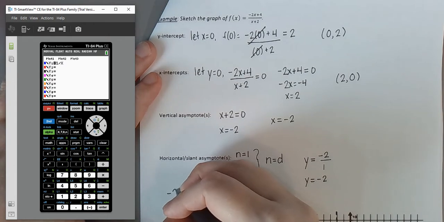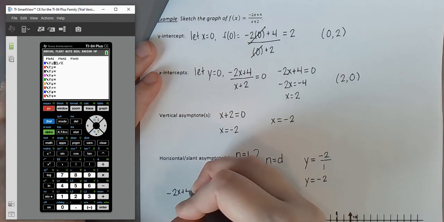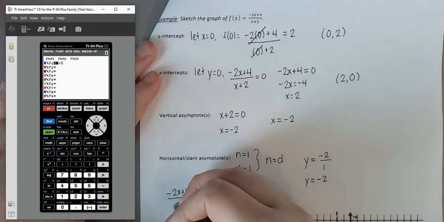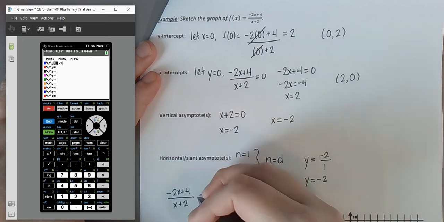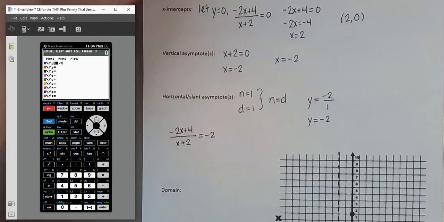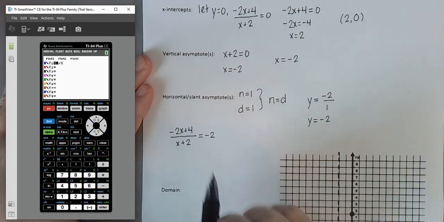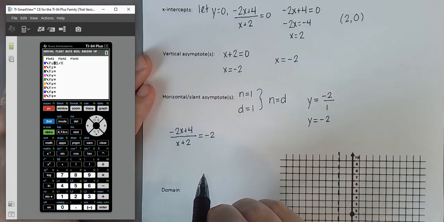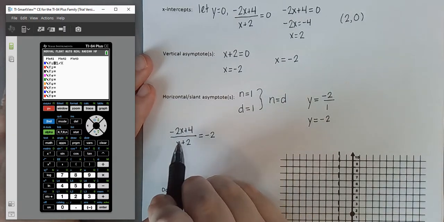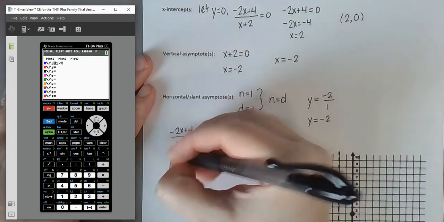So we're going to solve the equation, negative 2x plus 4 divided by x plus 2 is equal to negative 2. We want to solve that equation, see if we can. So we need to move our denominator over. That's always a good way to start with any rational equation. So multiply both sides by x plus 2, move that over.